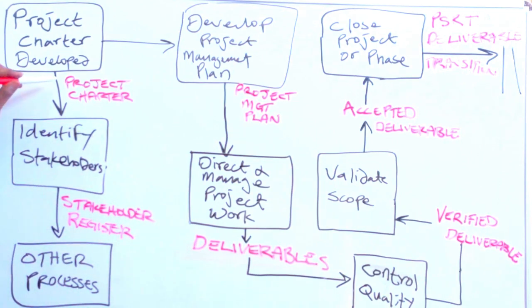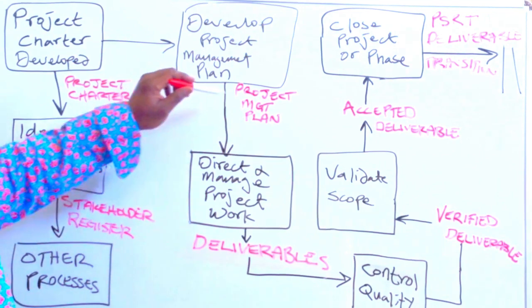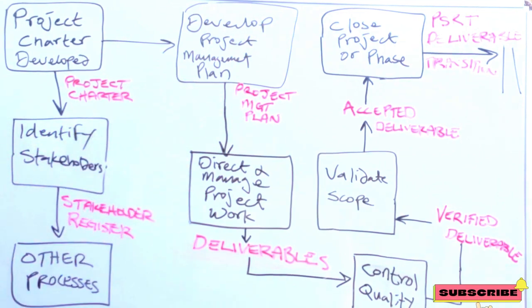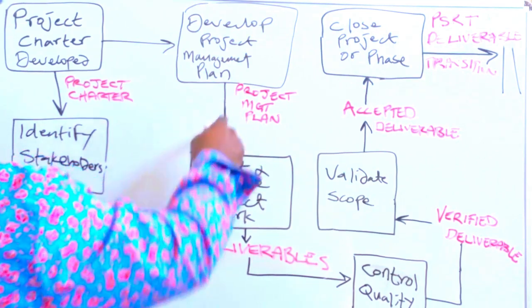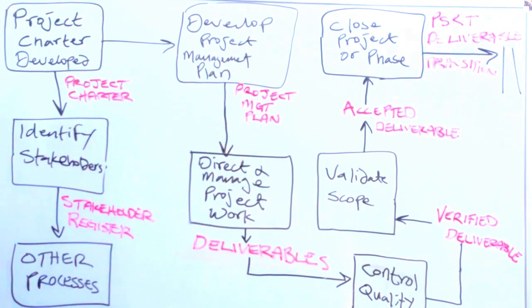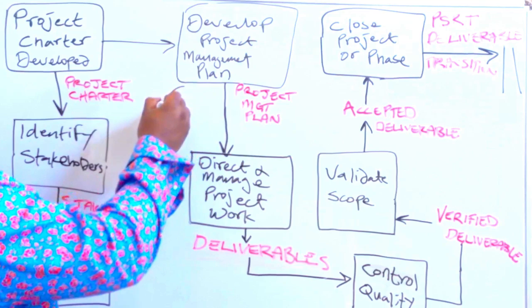The next thing that happens after the project charter, develop project management plan. We get our project management plan. You got to remember all of the itty bitty things that are in this project management plan. I hope you remember, because here we have the chipmunk mnemonic.